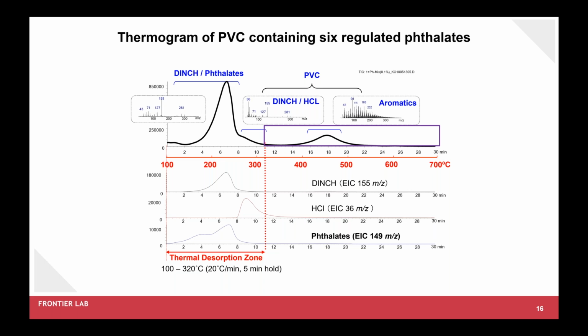Also here, I want to mention one of the most important advantages of the thermal desorption over the traditional solvent-based technique is that with thermal desorption, only the portion of the desorbed sample is transported to the column. Now, if you look closely here at the thermal desorption zone for the phthalates, you'll notice that only the phthalates thermally evolved from the sample at about 320 degrees Celsius.